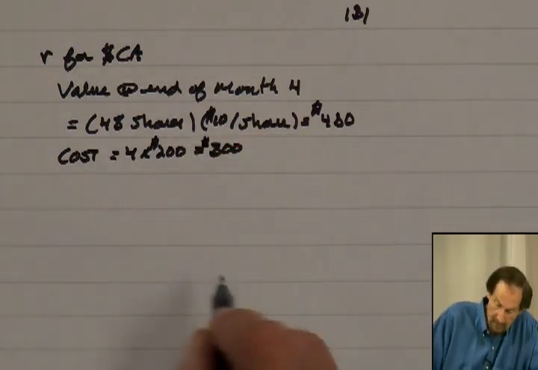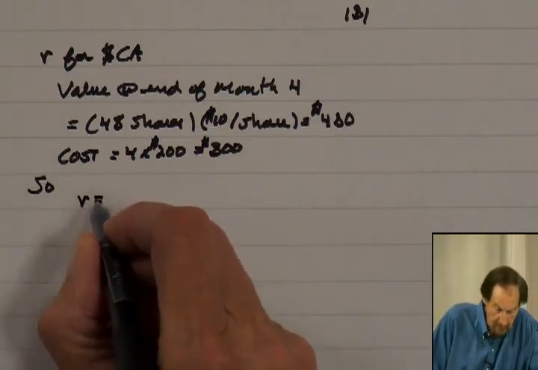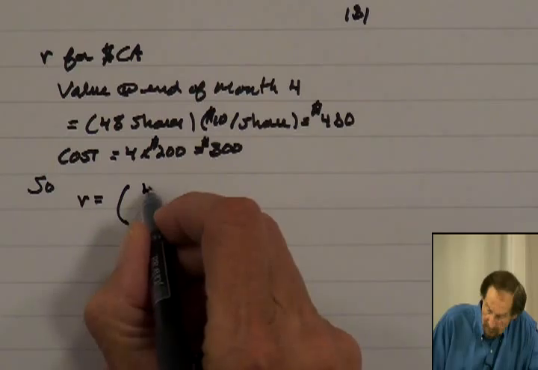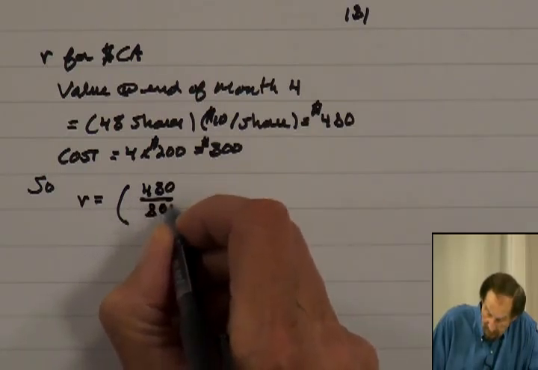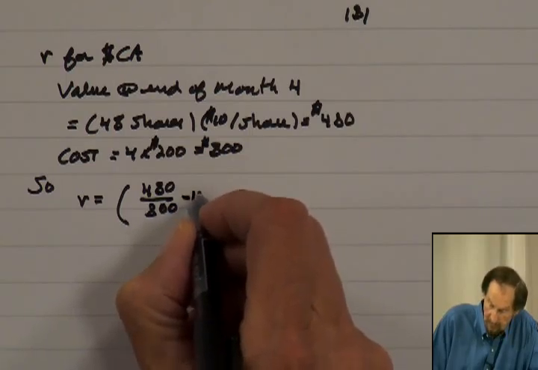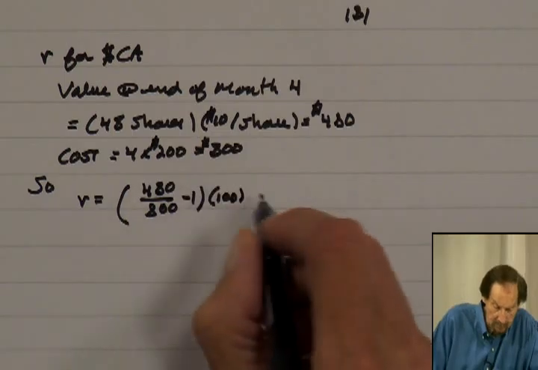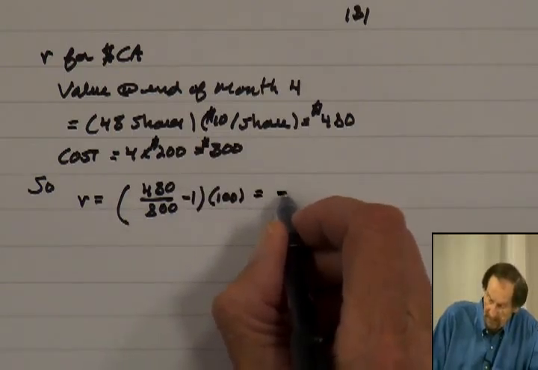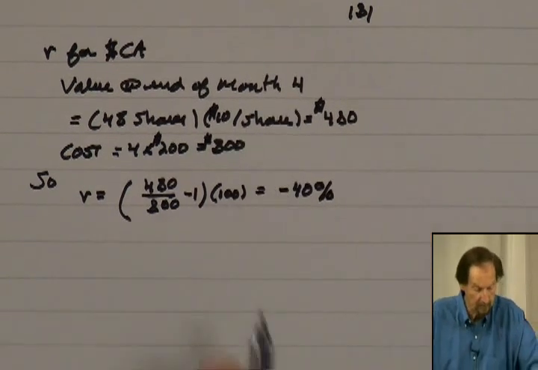Okay, so our rate of return equals 480 over 800 minus 1 times 100 in percentages equals minus 40%. Okay?